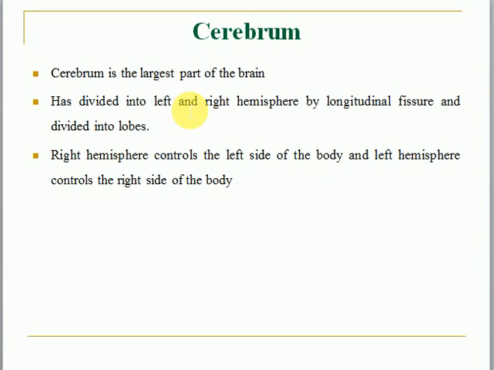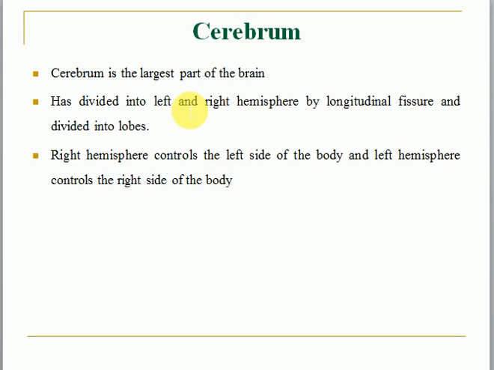This cerebrum is divided into right and left hemispheres by the longitudinal fissure, and then it is divided into four lobes. As I told you earlier, the right hemisphere controls the left of the body and the left hemisphere controls the right of the body.